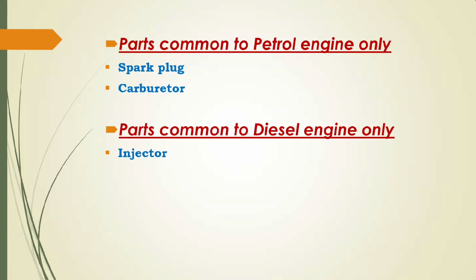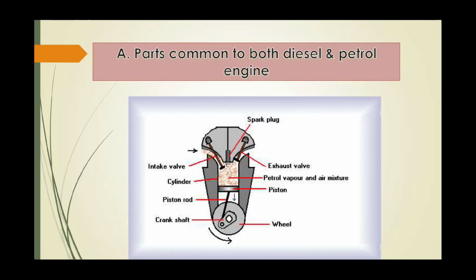Part common to diesel engines is the fuel injector. Parts common to both diesel and petrol engines are inlet valve, exhaust valve, spark plug or fuel injector, cylinder head, piston rod, crankshaft, flywheel, pistons. These are all the important parts of both diesel and petrol engines.